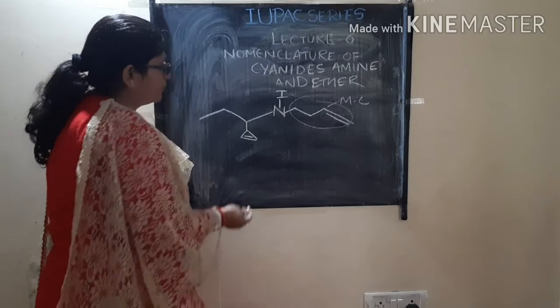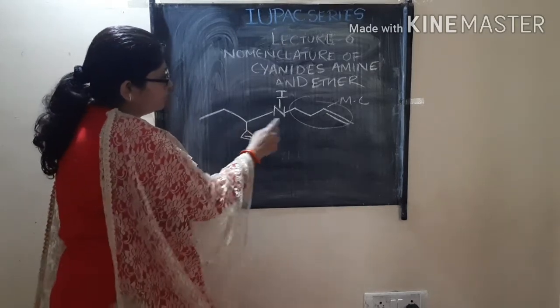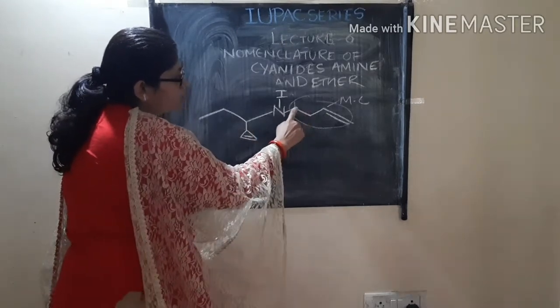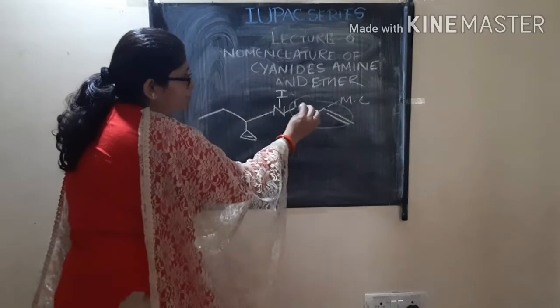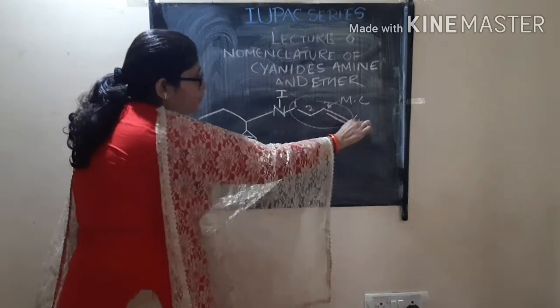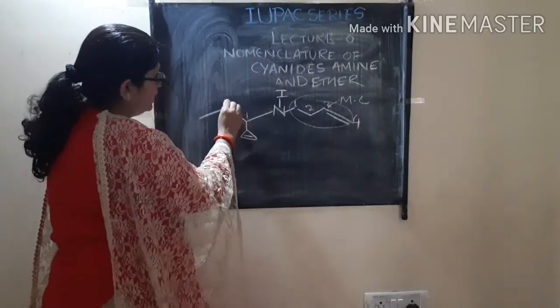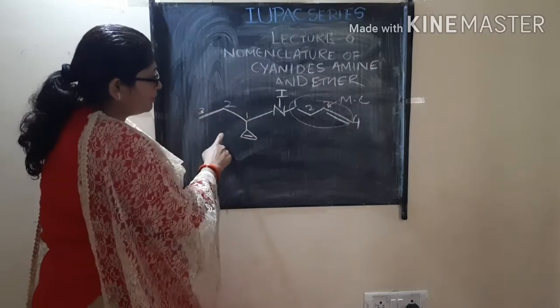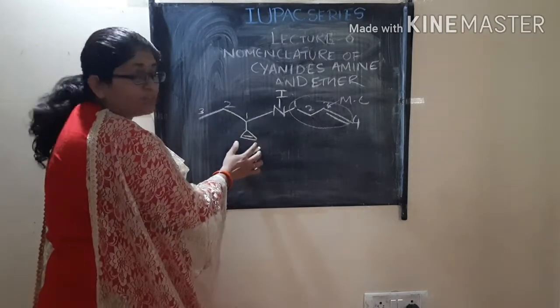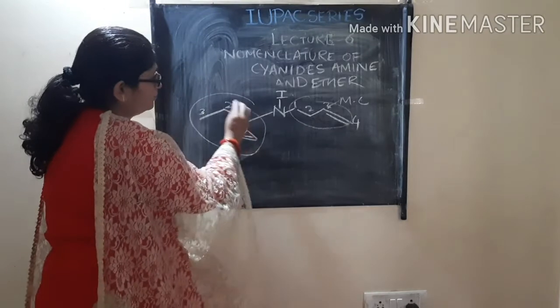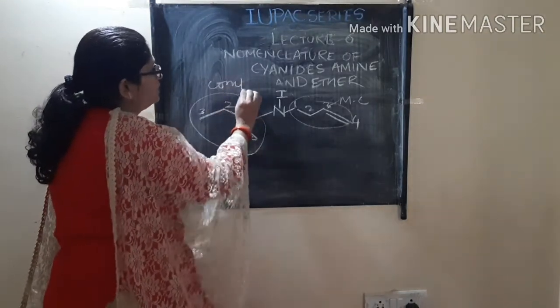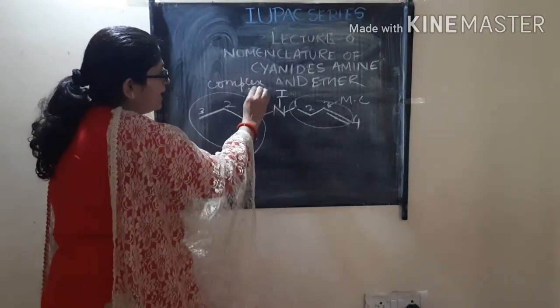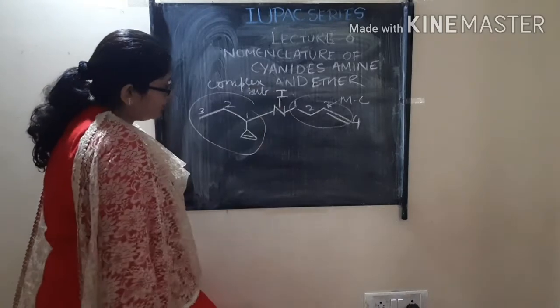Here it has 1, 2, 3, 4 carbons. Here it will be 1, 2, 3 carbons. And at the first position you can see one more substituent. So this is a complex substituent. So let us name it.